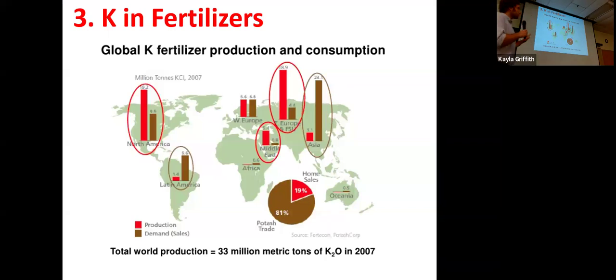This is probably, hopefully, still a relevant distribution of potassium demand versus production in different parts of the world. North America is a heavy hitter when it comes to production. Still is. I checked yesterday. Should have updated this, but basically we have a lot more production still in North America than we have demand, whereas the distribution is flipped in Asia.